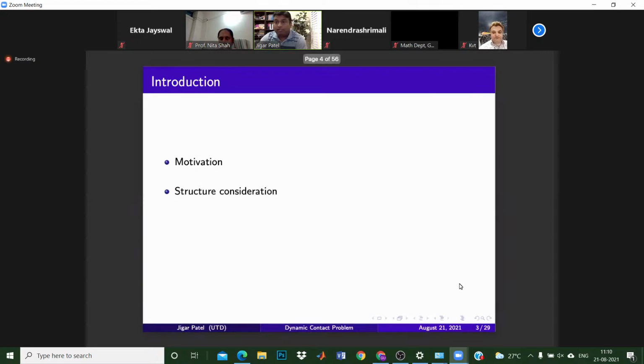Now, obviously, I did not use an aeroplane with a crack or a building with a crack. Instead, I tried to simplify the problem and make it as simple as possible. So I considered a three-dimensional cantilever beam for my study. This cantilever beam is basically a beam where one end is attached to a wall and the other end is free.